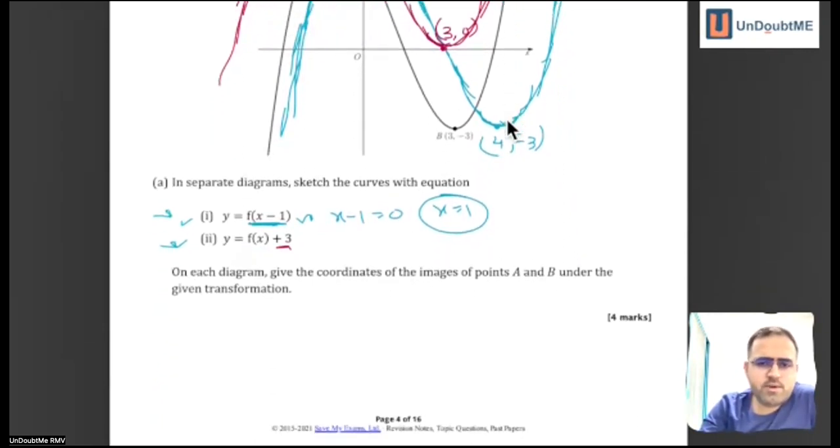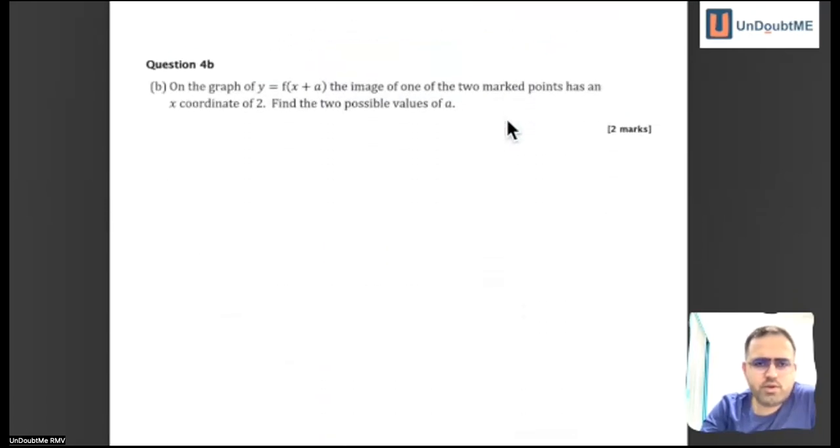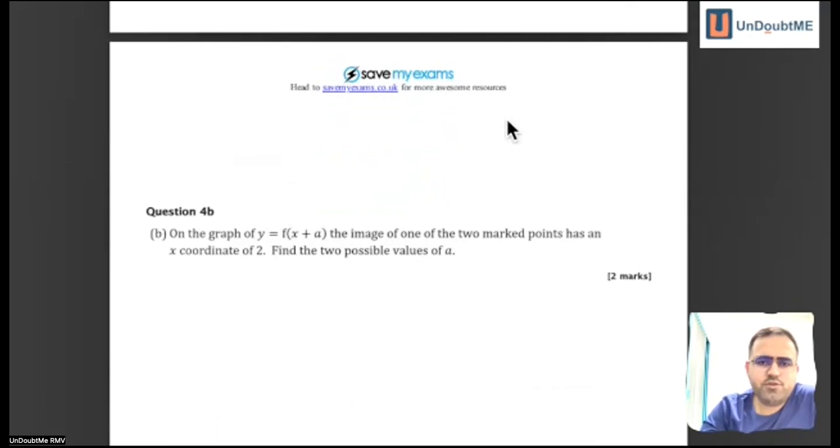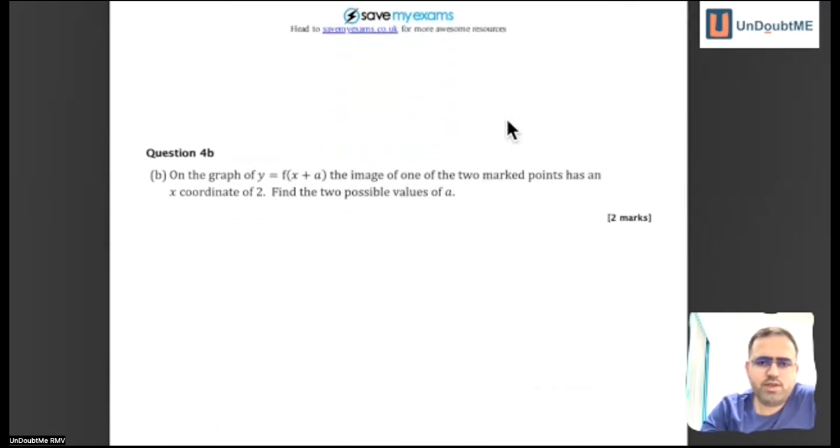Okay, on each diagram, give the coordinates of the images of A and B under the given transformation, which we have done already. On the graph of y is equal to f(x plus a), the image of one of the two marked points has x coordinate of 2. Find two possible values of a.